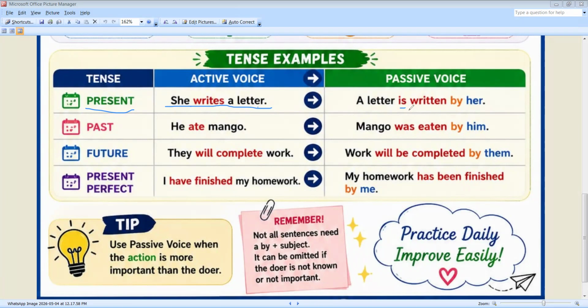That is why write, writes, wrote, written. After written, by. Instead of she, because of present tense, we have to write her. A letter is written by her.